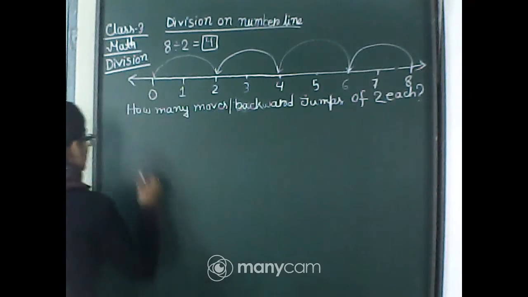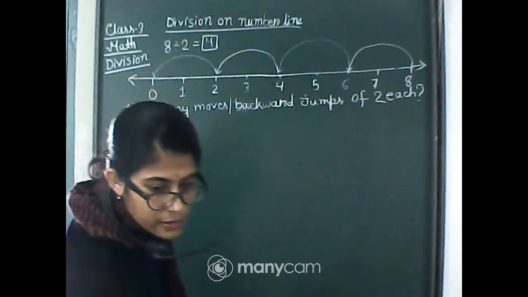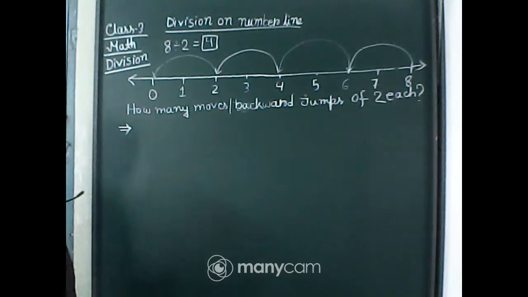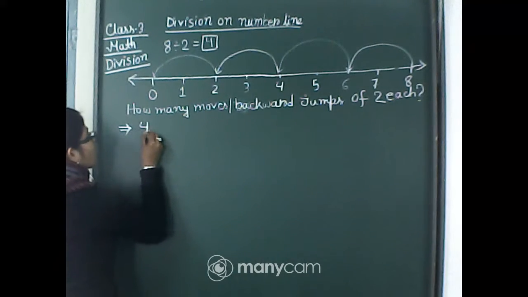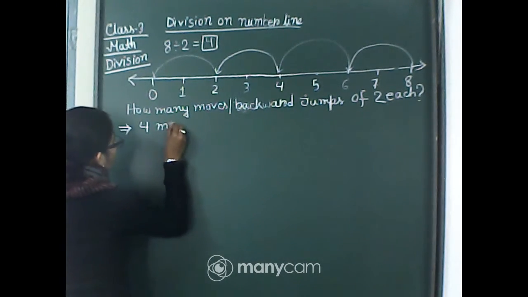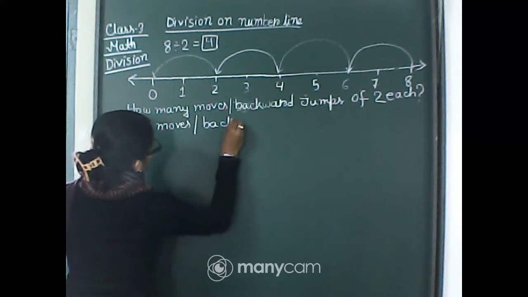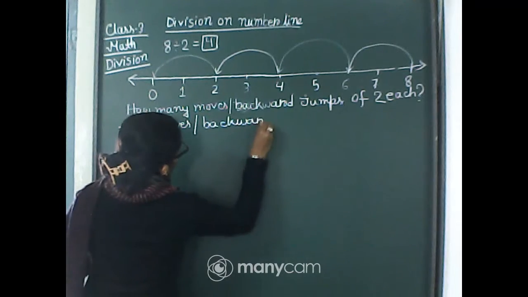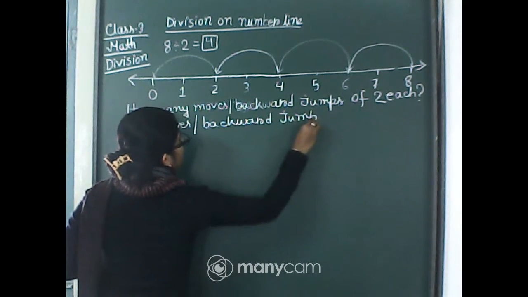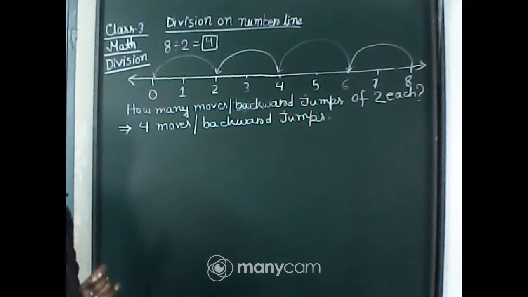How many times? 4 moves or backward jumps. So what is the answer? That means 8 divided by 2 is equal to 4.